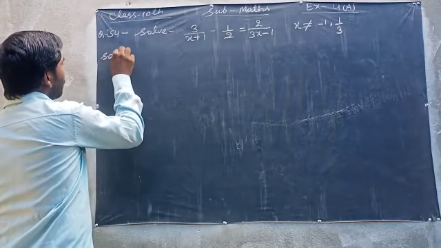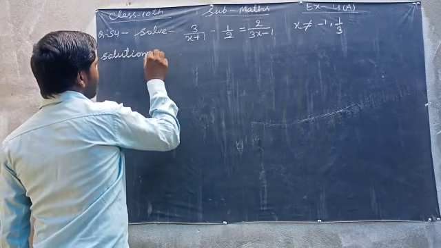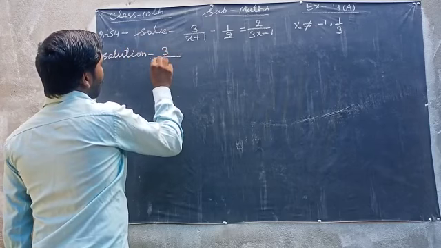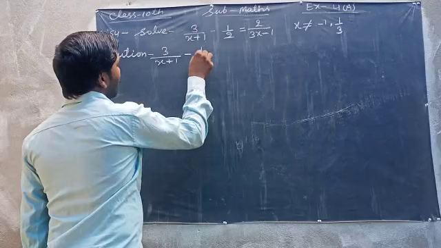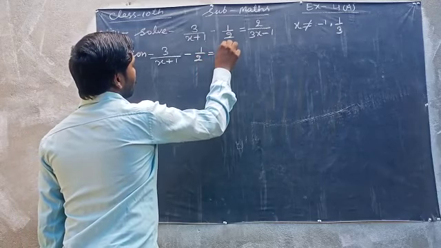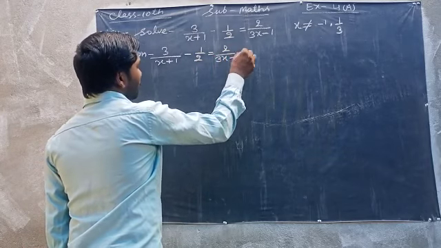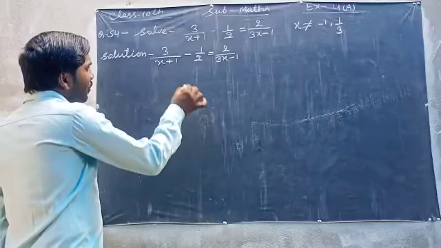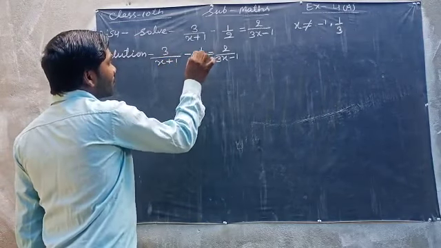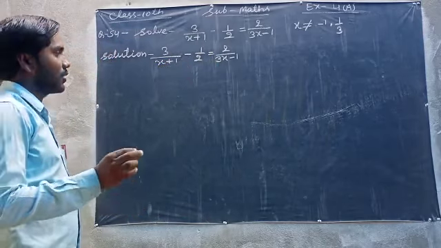So solution: 3 upon x plus 1 minus 1 by 2 is equal to 2 upon 3x minus 1. First of all, we will take the LCM of these two, because you can see this is in the form of fraction.